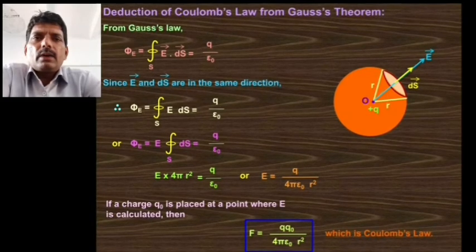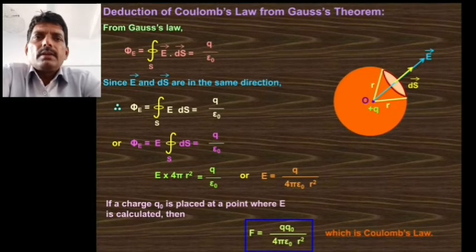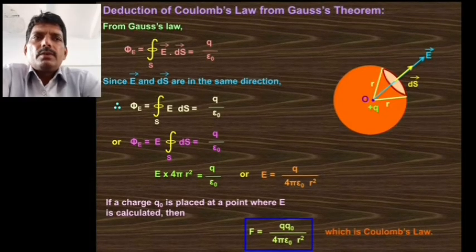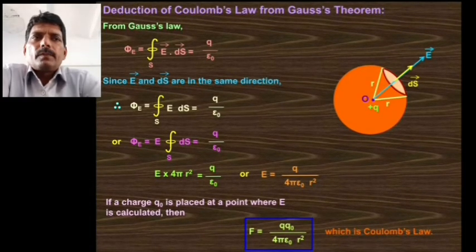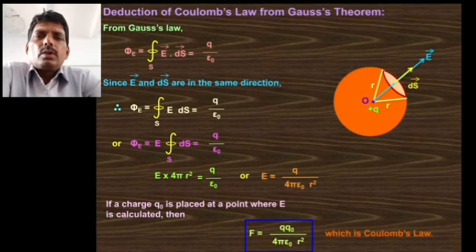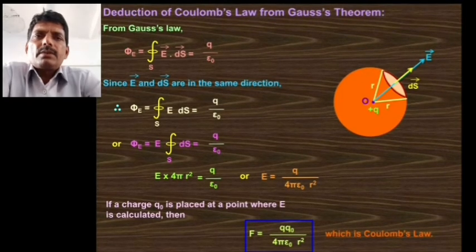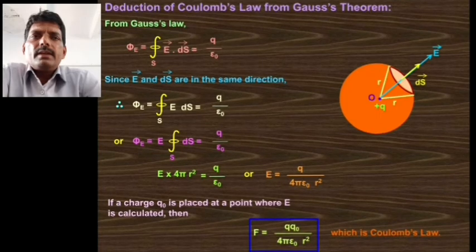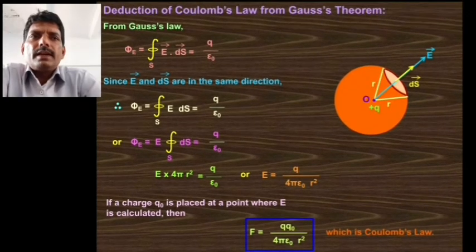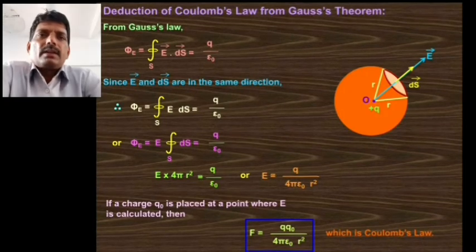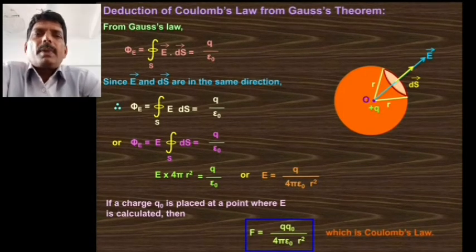E is taken outside the integral because it is constant over the entire surface which you have used for the Gauss theorem. So total flux is equal to E times the closed surface integral of ds. What is ds here? We have to consider the total surface, and the surface area of the sphere is 4 pi r square.